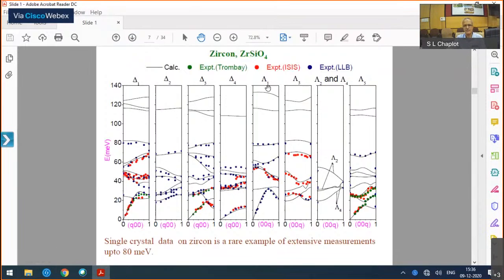However, ISIS is at the Rutherford Appleton Lab. It's a spallation neutron source. So with a spallation neutron source, a pulsed neutron beam is what you get there, and the techniques used are time of flight methods.